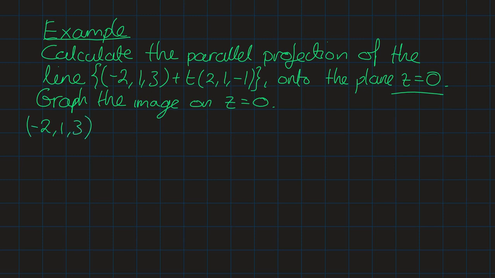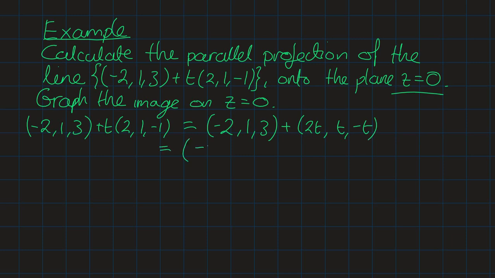I can rewrite this as a single vector: -2, 1, 3 plus 2t, t, minus t, which is -2 plus 2t, 1 plus t, 3 minus t. So this is still the equation of the line. It's just another way of writing the same parameterization.